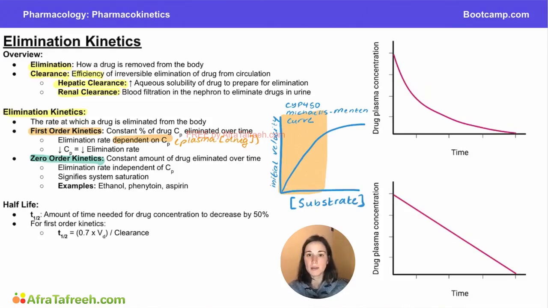But as the drug is metabolized, the concentration of it in the plasma is going to drop, which means we're going to move to the left on this x-axis and down the Michaelis-Menten curve. At this lower drug plasma concentration, the velocity of the enzymes is now going to be lower, so less drug will be metabolized in the same amount of time as before.